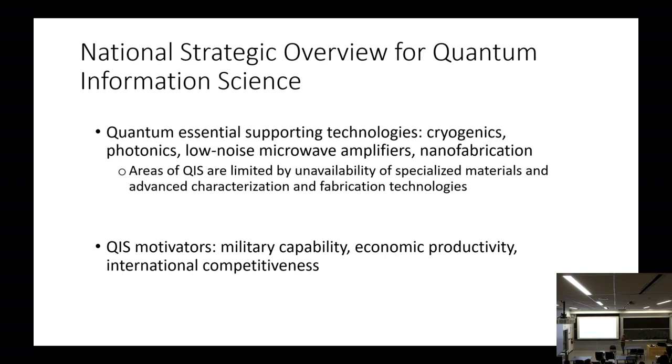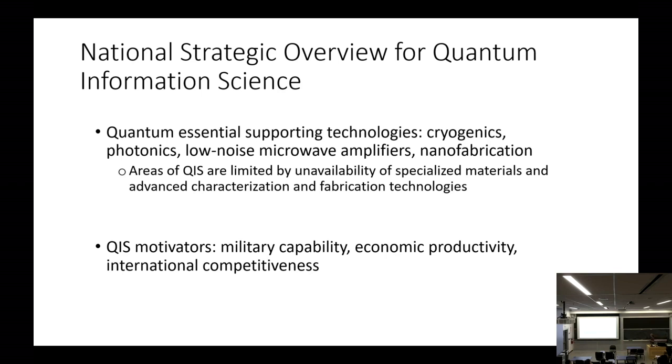Especially if you go the photonic quantum computing direction, really sophisticated, super fancy lithography is needed. Microwave amplifiers, other types of nanofabrication. Any other quantum supporting technologies that you think weren't necessarily listed in the report?